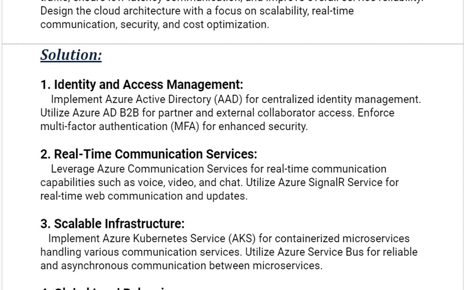Our next solution is scalable infrastructure. Implement Azure Kubernetes Service (AKS) for containerized microservices handling various communication services. Utilize Azure Service Bus for reliable and asynchronous communication between microservices.